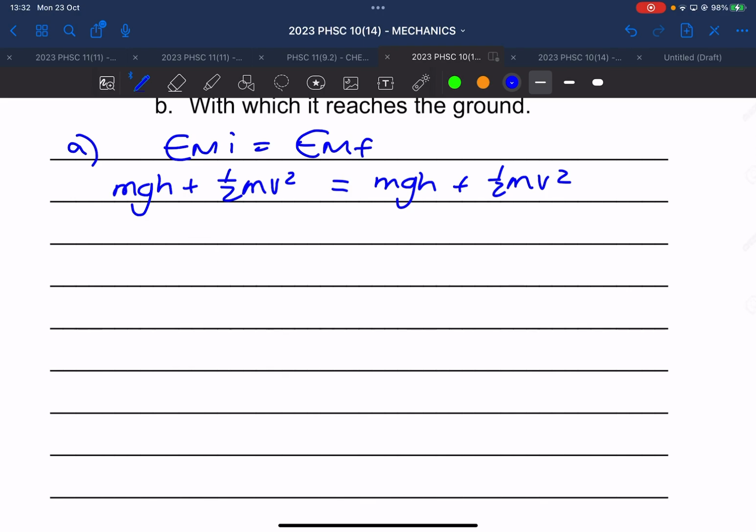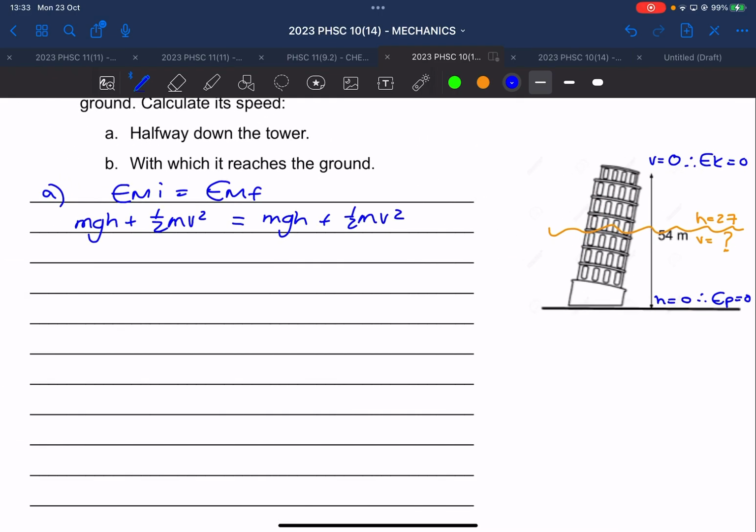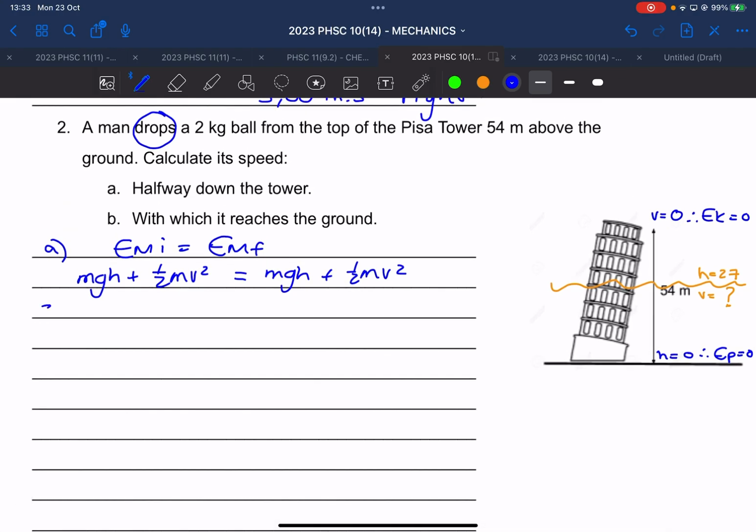What is this formula's name again? Starts with the C. It's a law of what? Mechanical energy.